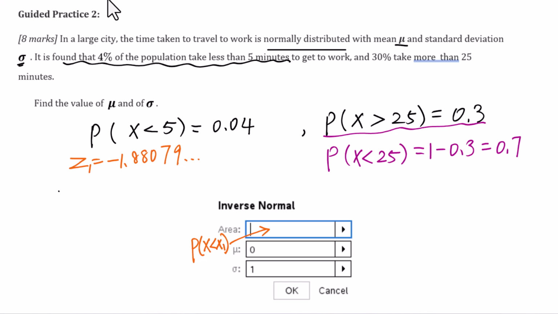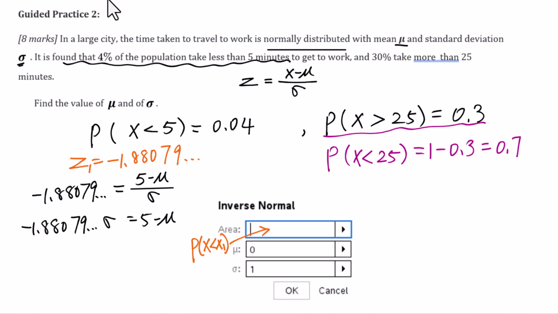Then use this formula. Z equals x minus mu over sigma. Negative 1.88079 equals x, which is 5 minus mu, over sigma, times sigma both sides.